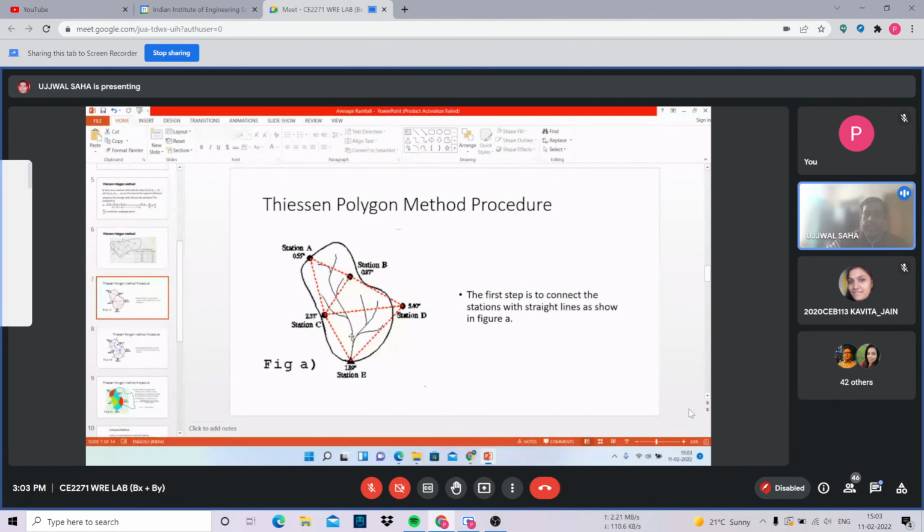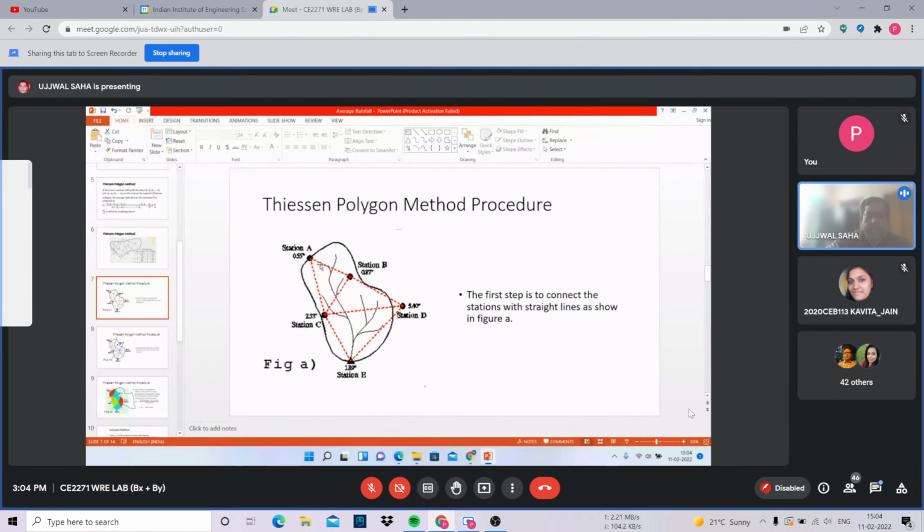The condition is, if there is more than one option to join the stations in triangles, then I will choose the option where the minimum angle is maximum, so the triangles look more like equilateral triangles, and none of the angles is very low.